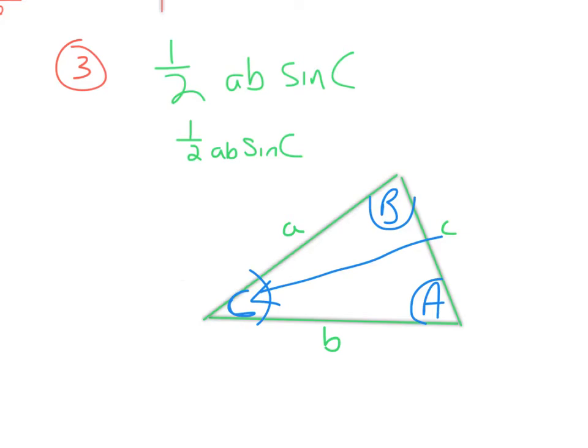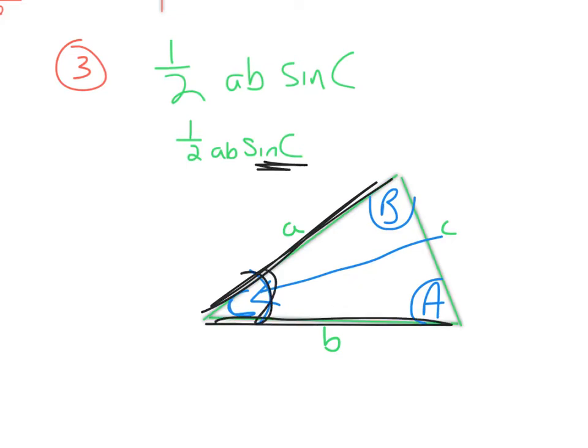And what we're asked to do now is find the area of a certain triangle. So AB sine C. If we look at AB, our two lines here, that's the side a, that's the side b, and sine C is actually the angle in between. So when you're looking to find the area of a triangle using trig, you're going to take two sides and find the angle in between.